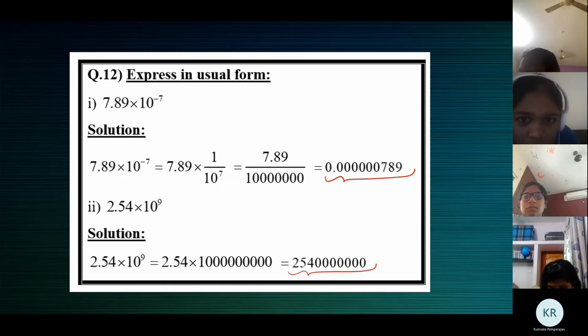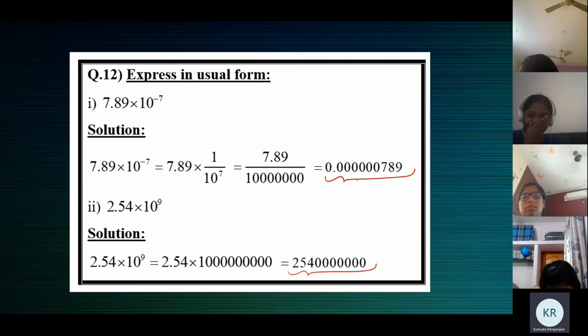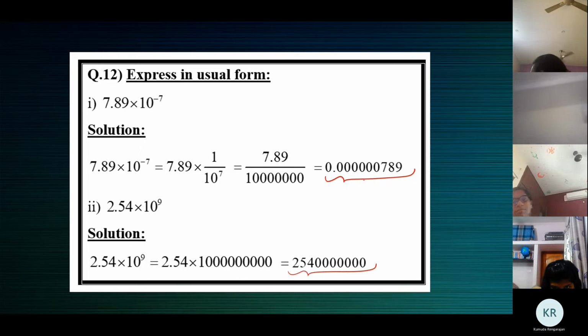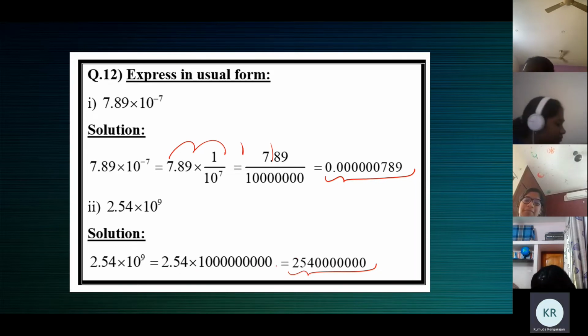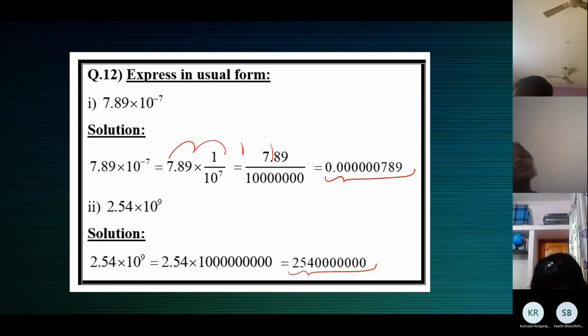You're dividing by 1 followed by 7 zeros, so when you're dividing, the value will reduce. That's why we shift the decimal point to the left like this. When you multiply, the value will increase. That's why we shifted the decimal point to the right like this.